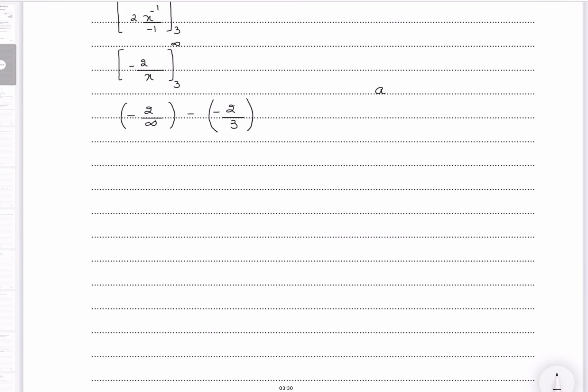Let's handle 2 over infinity. If I write a over 0, the answer would be infinity, because any number divided by 0 gives you infinity. So any number divided by infinity will give you 0. So the first bracket will become 0, and minus into minus gives plus 2 over 3. So our final answer will be 2 over 3.